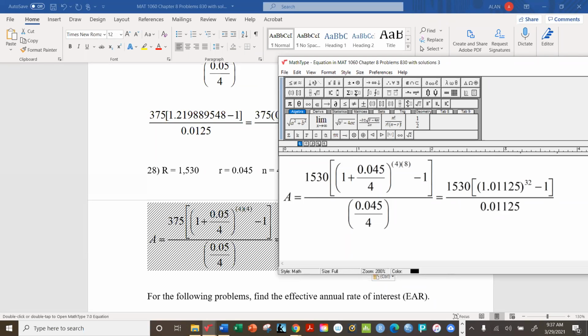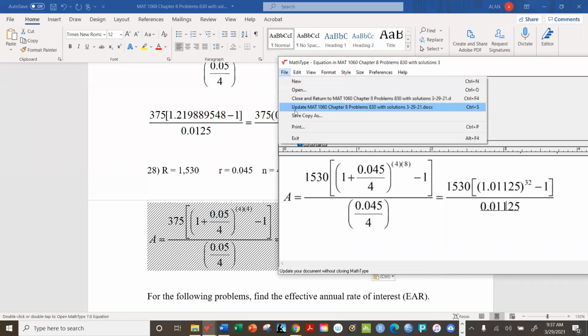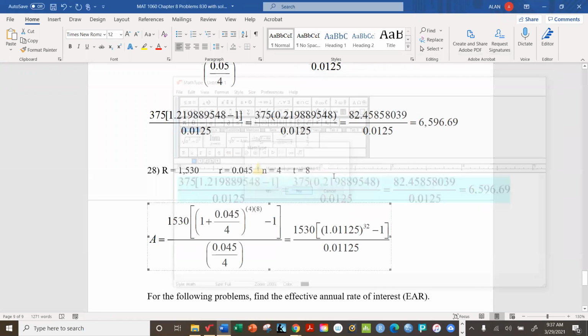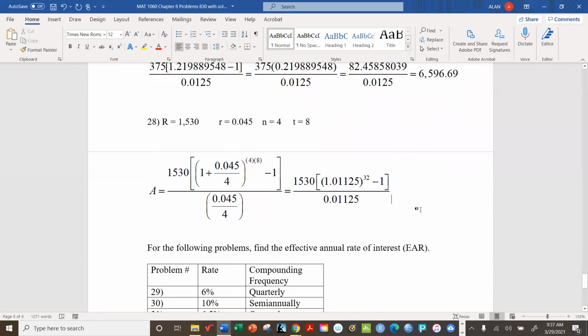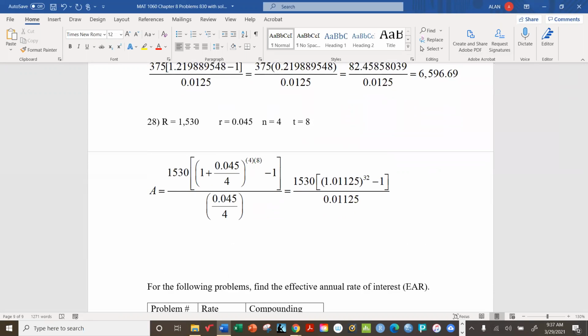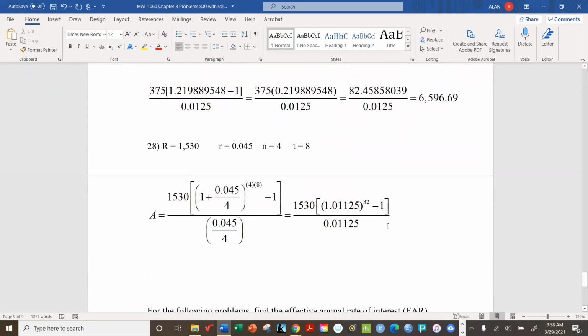Okay, because 4.5% divided by 4 is 0.01125. Perfect. All right, so let's simplify it and see what we get.